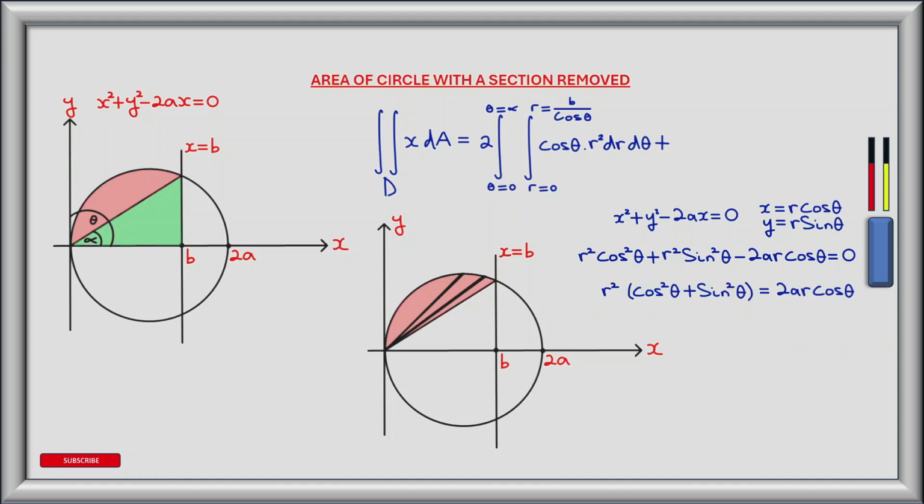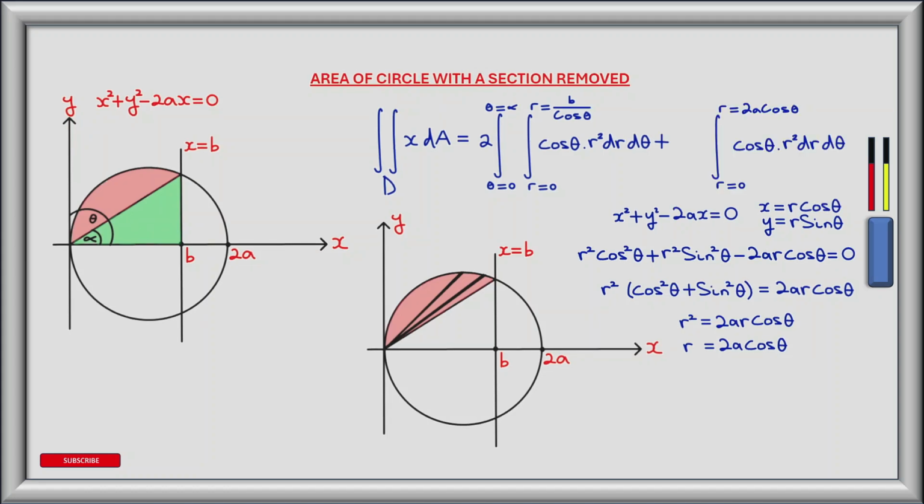Simplifying this, we have r squared multiplied into the bracket of cos squared theta plus sin squared theta is equal to 2ar cos theta. And using the trig identity, cos squared theta plus sin squared theta is equal to 1, we're left with r squared equals 2ar times cos theta. And dividing both sides of the equation by r, we get r is equal to 2a times cos theta. So when integrating in the r direction, we are integrating from r equals 0 to r equals 2a cos theta.